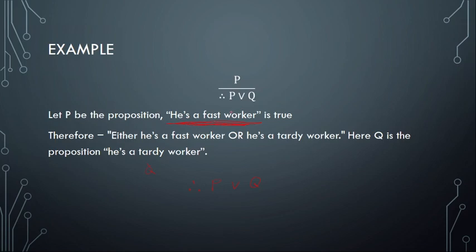He's a good swimmer is true. Therefore, either he's a good swimmer or a bad swimmer. P is the good swimmer, then bad swimmer is the Q. That's for the addition rule.